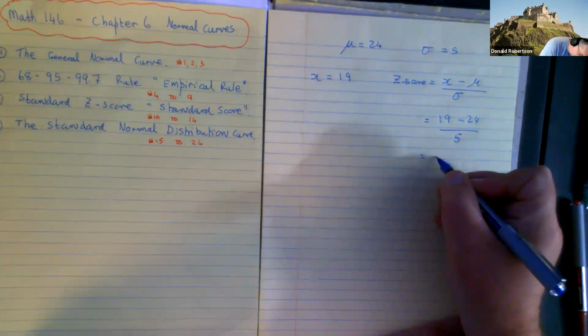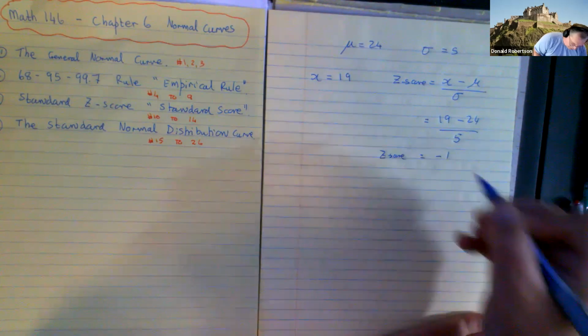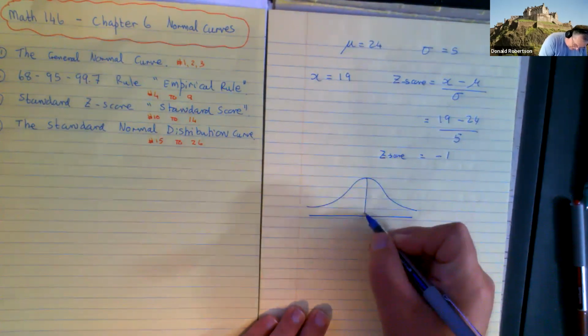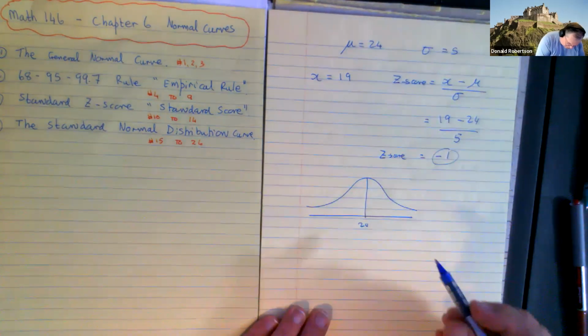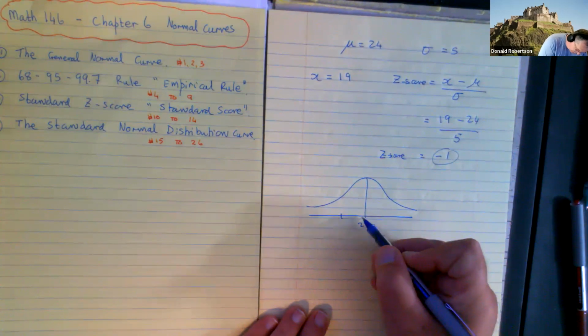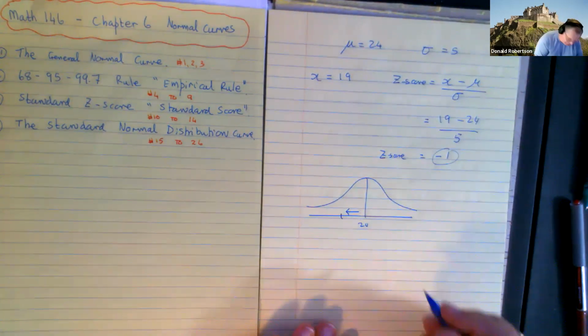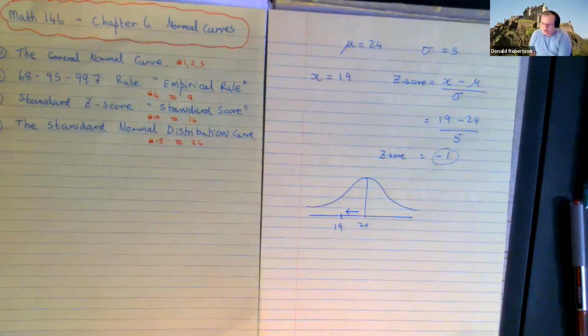And that ends up being -1. Now, if you wanted to imagine visually, what does that look like? There's 24. A Z-score of -1 means you are one standard deviation away from the mean, but on the small side. So if you look at that guy, there you go. That is exactly what you'd expect, isn't it? 19 would give you a Z-score of -1.